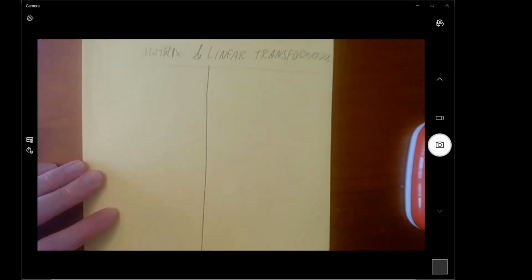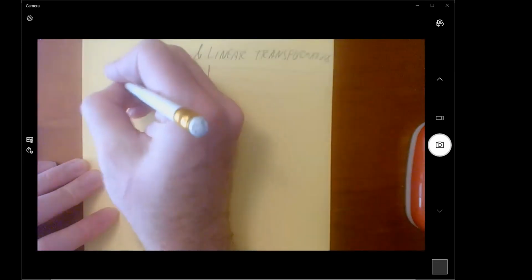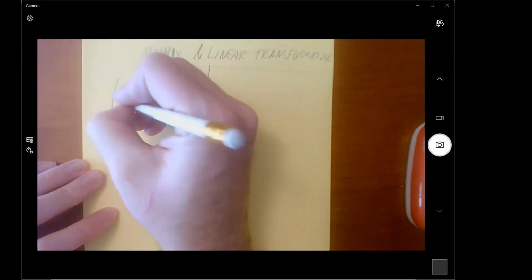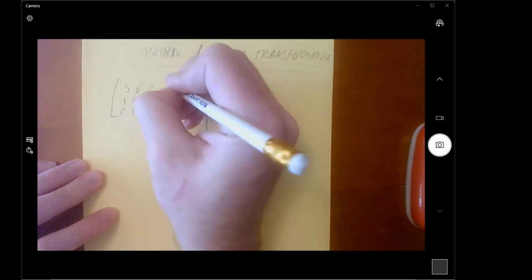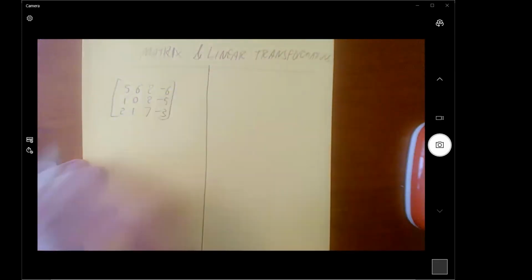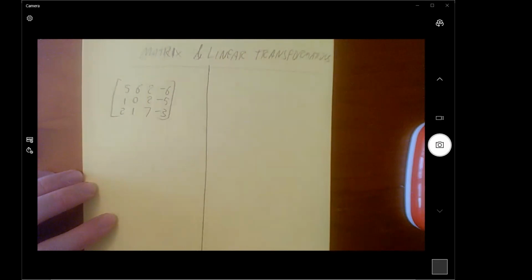So a matrix is just a rectangle that's got numbers in it. That's a matrix. And I know that matrices can be pulled apart in lots of different ways.